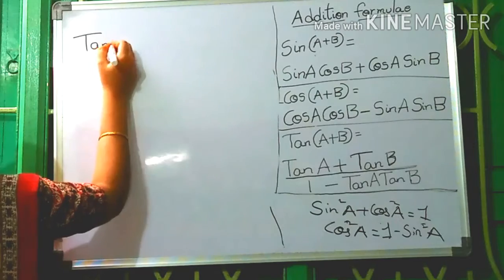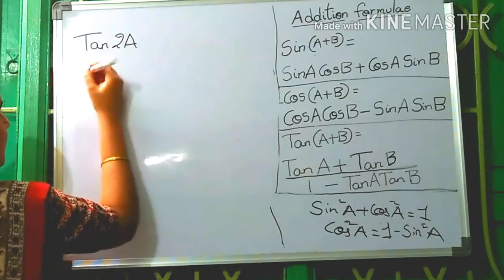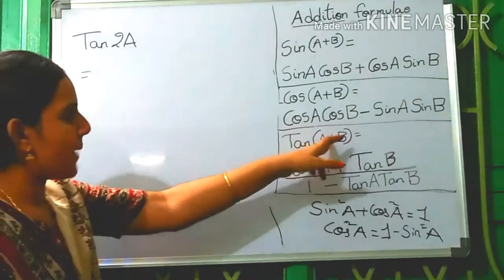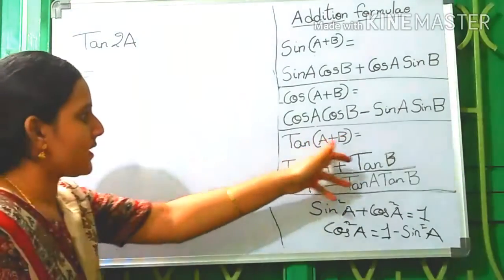Tan 2A. That is, we have to put A in place of B in this formula. Tan of A plus A is equal to tan 2A on the left hand side.